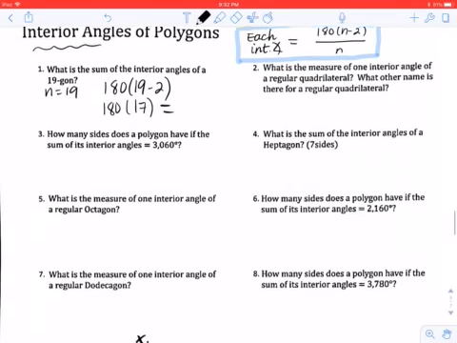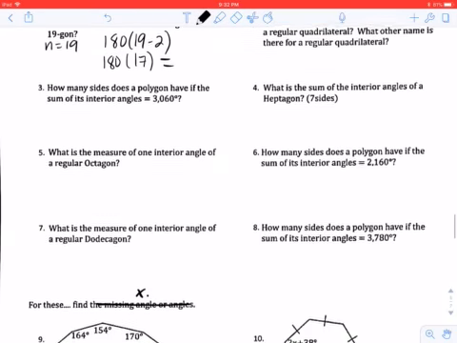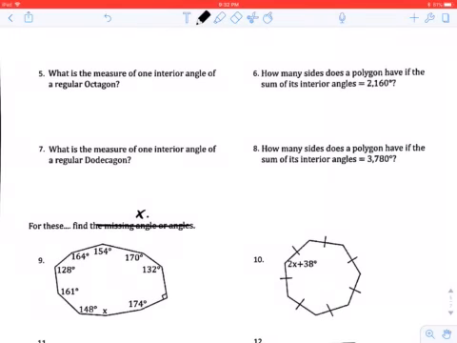Now let's skip to number 7. What is the measure of one interior angle of a regular dodecagon? First of all, we're talking about interior, and we're talking about one angle, so not the sum. So I'm going to be doing 180 times n minus 2, the sum, divided by n to get each angle.